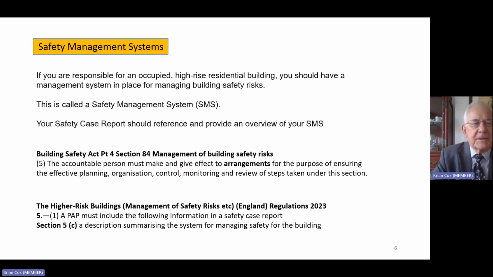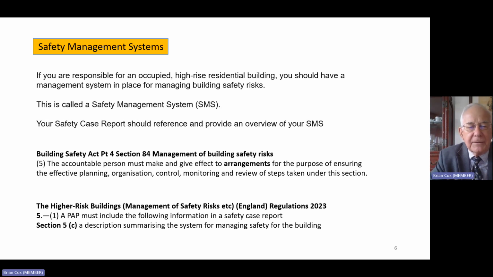Safety management systems are what you need if you are responsible for an occupied high-rise residential building. Here are the 2 kinds of legal requirements. First of all, in the Building Safety Act itself, it refers to arrangements for the purpose of ensuring effective planning, organisation, control, monitoring and review steps taken.